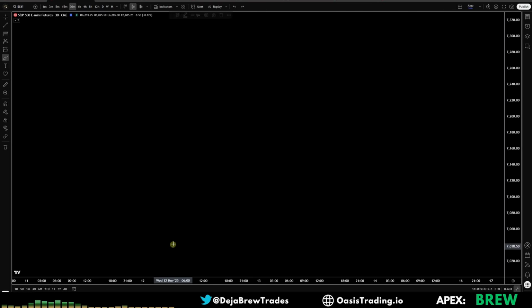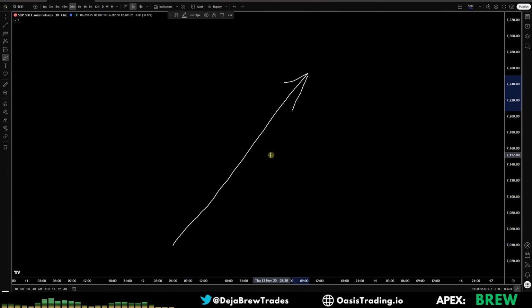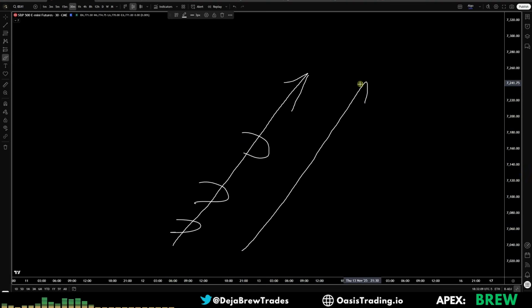So if we're looking at a price movement pushing higher and higher, and we're building up these nodes as we push higher, we want to continuously see that bullish delta coming in because they are the aggressive traders, right? This is an aggressive impulse to the upside. We want to see those aggressive traders coming in on the delta, so we want to see that bullish delta basically all the way up.